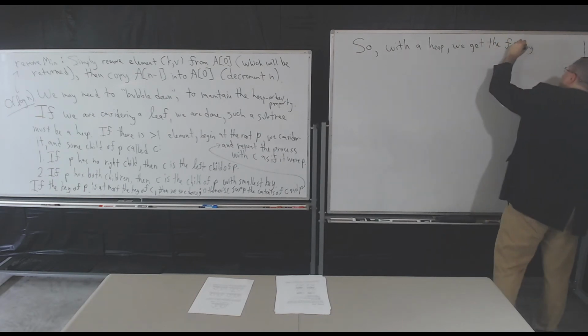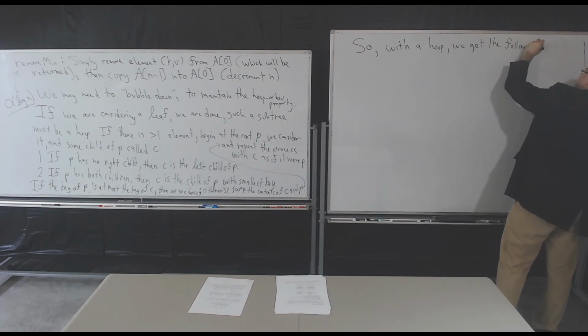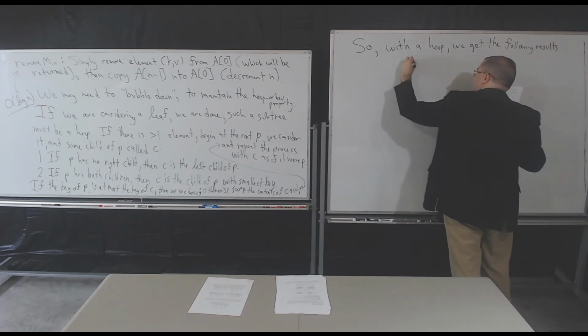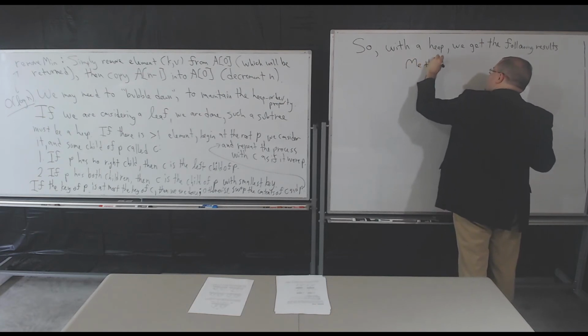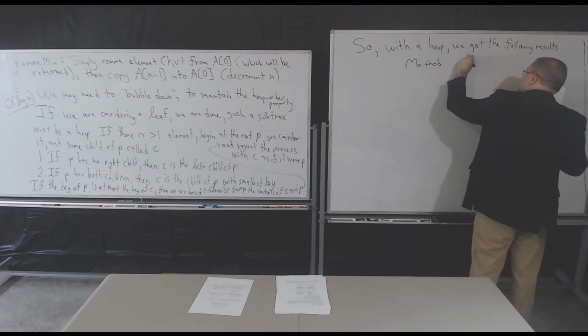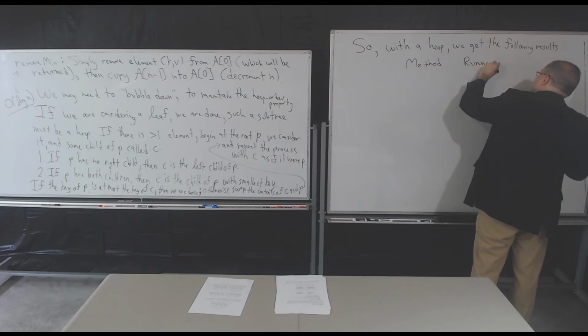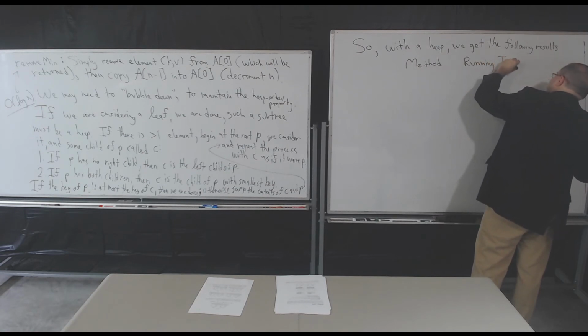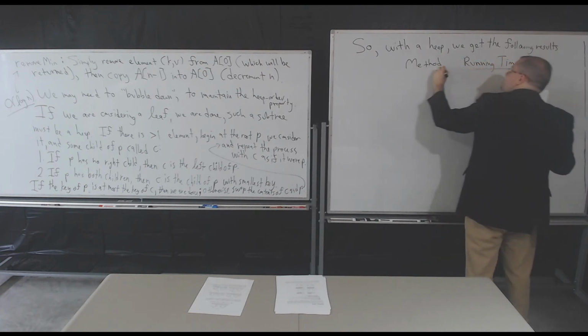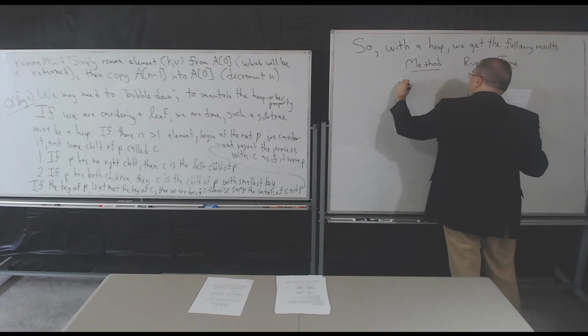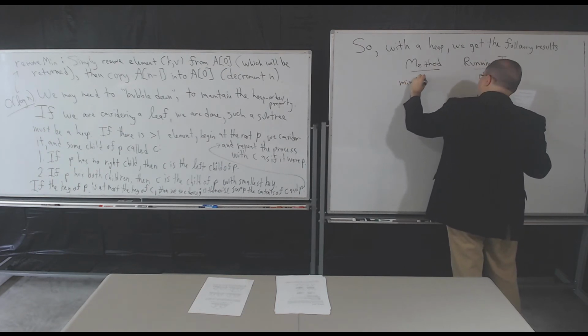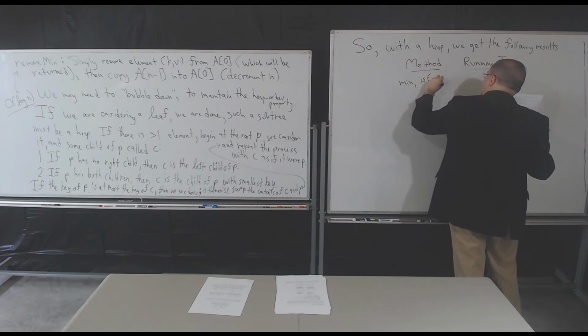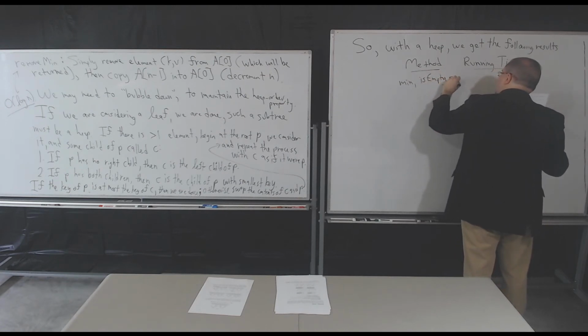So we have our method, which is just the contrast with the other. I have my method, then I'll have the running time. So min, is empty, and size. Okay, how long should each of these take?